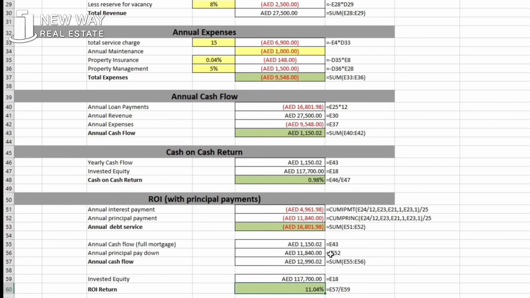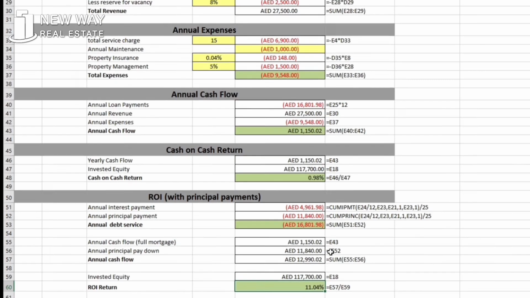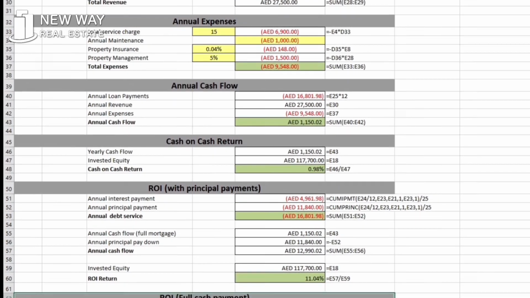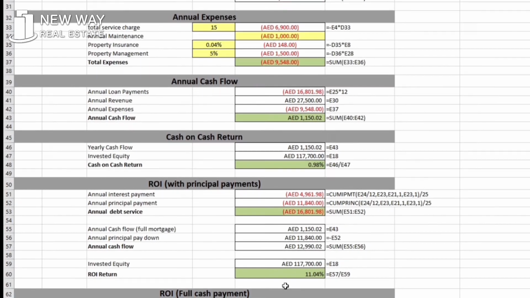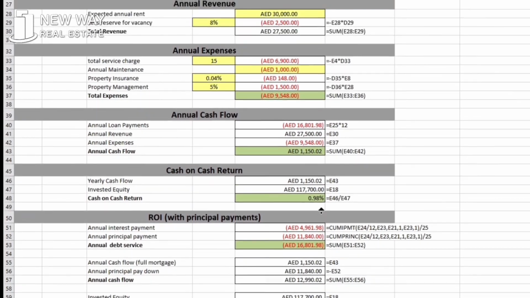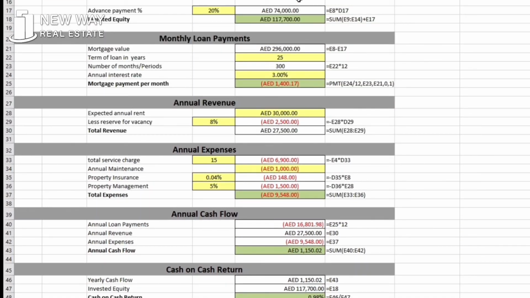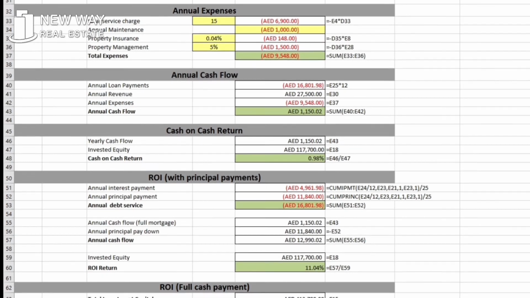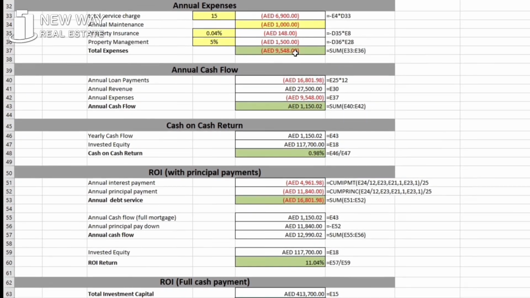Now, you're going to ask me, Zaid, what if we paid for the whole thing in cash? Can we do that calculation? Yes, we can. I've included that here in this bottom section. First of all, we go with the total investment capital, which equals the total investment we've mentioned here, and then the net yearly revenue, which equals the yearly revenue minus the yearly expenses.